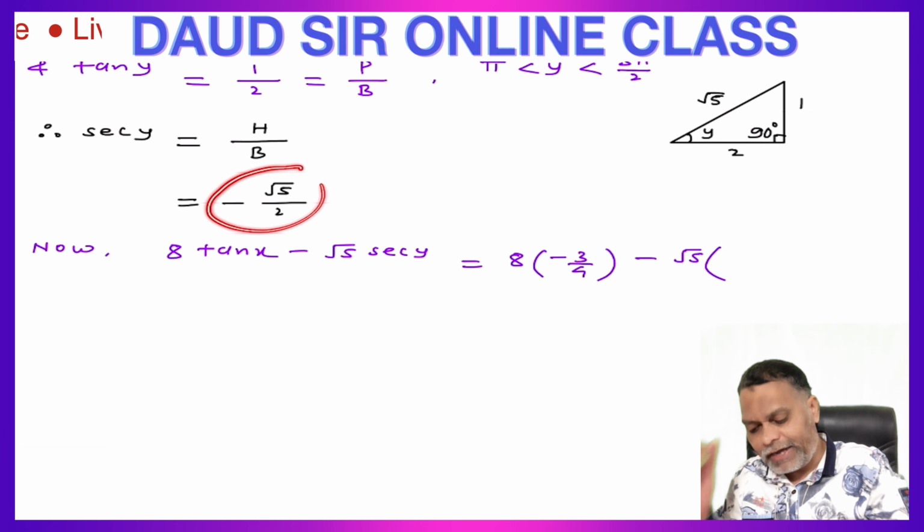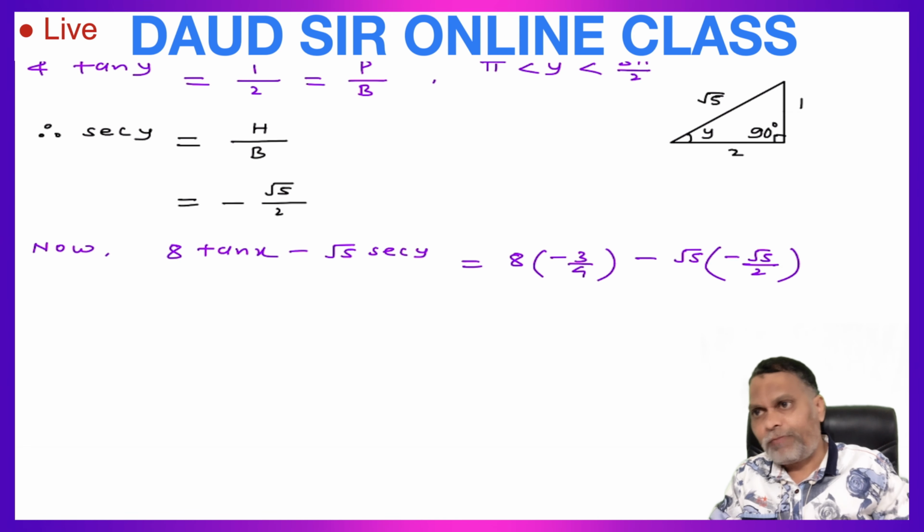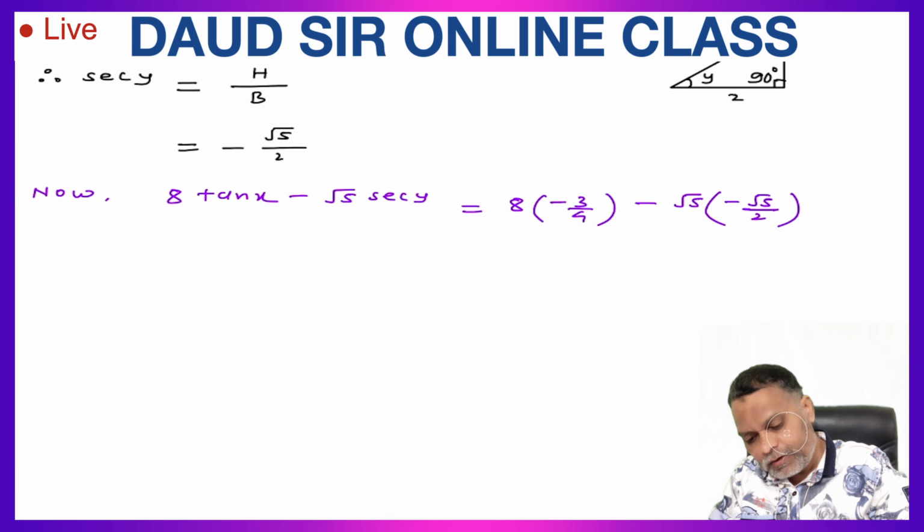The value of sec y is minus root 5 upon 2. Simplify this.